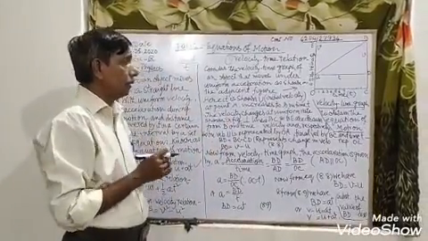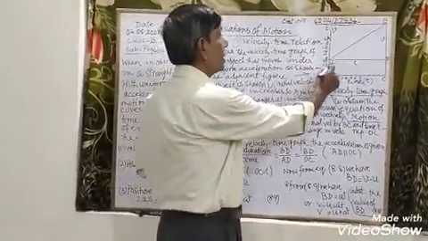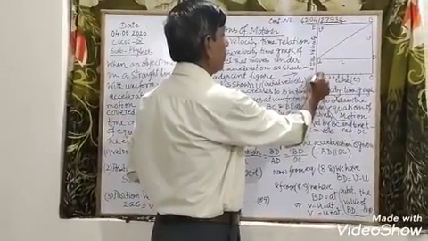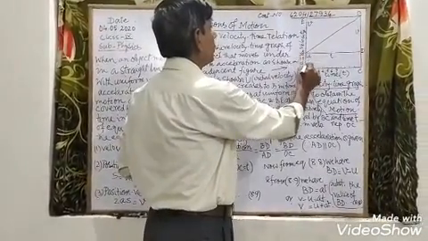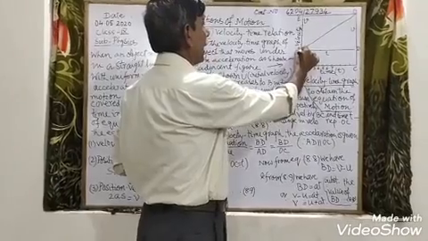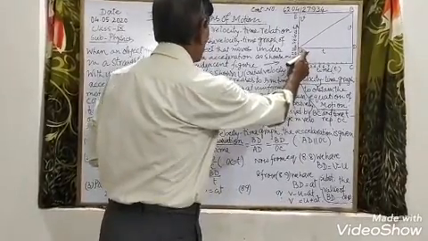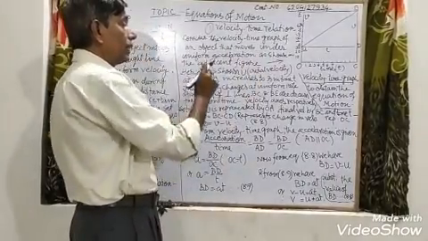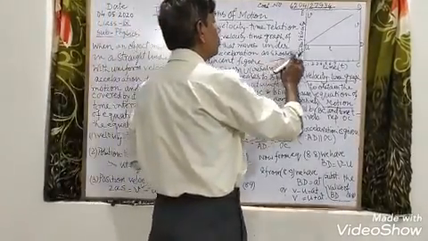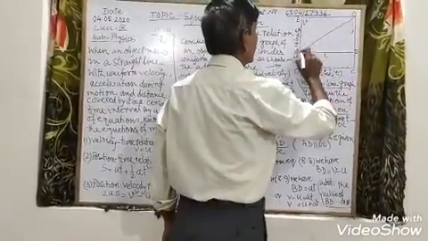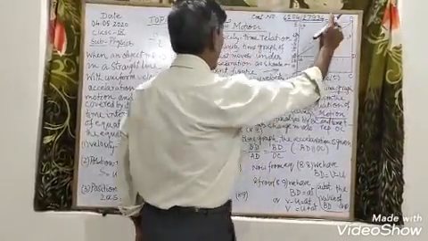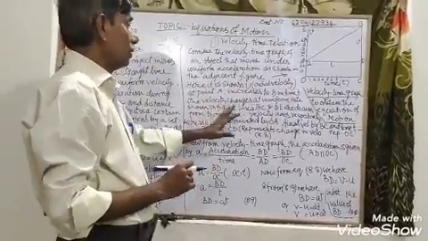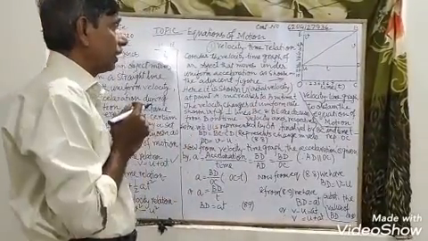Here u is the initial velocity at point A, and it gradually reaches B in time t.